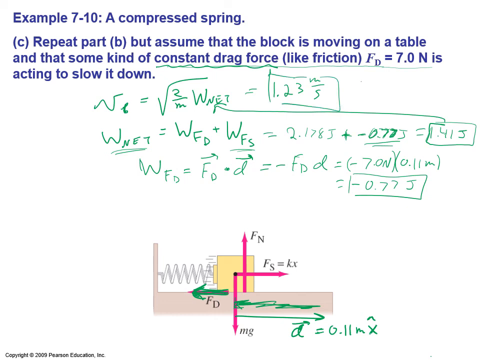So note that this is less than the 1.53 meters per second, which we got without the drag force. So, unsurprisingly, the drag was introduced and the velocity went down.